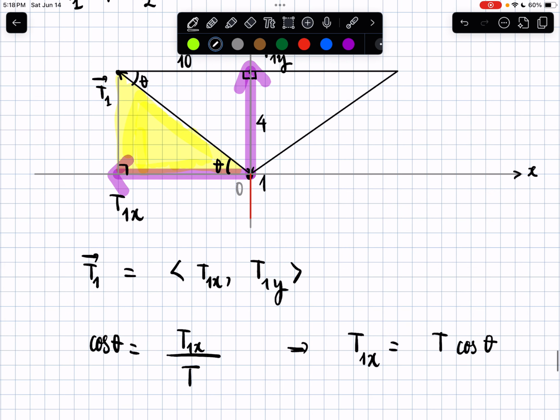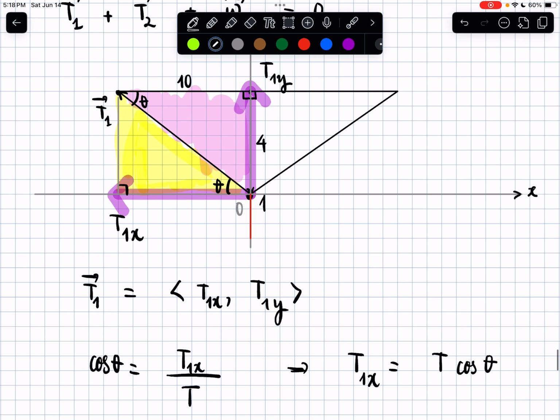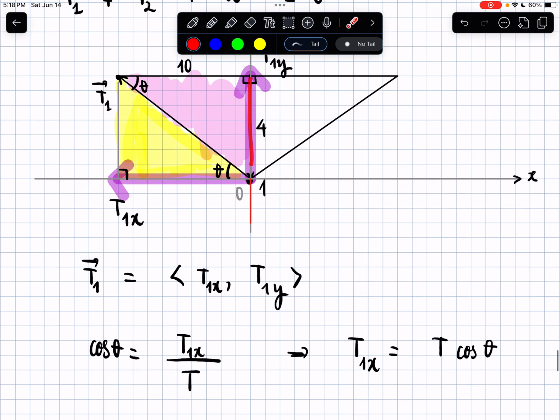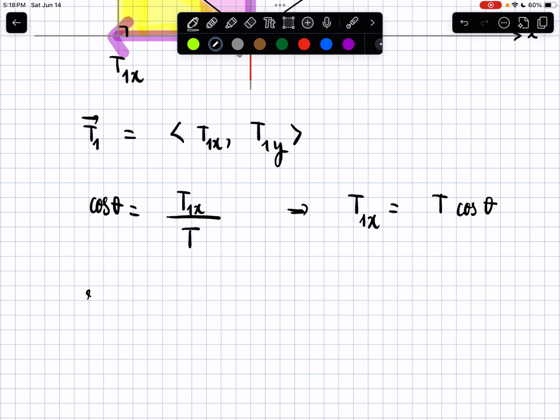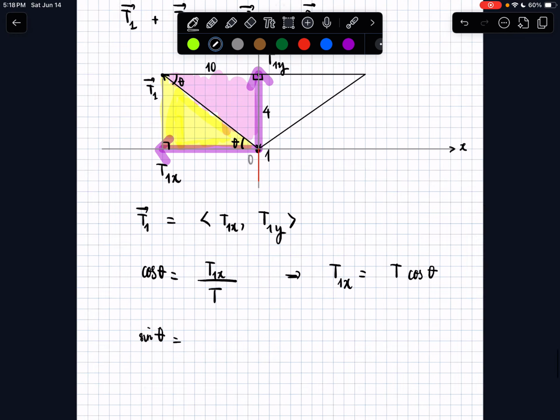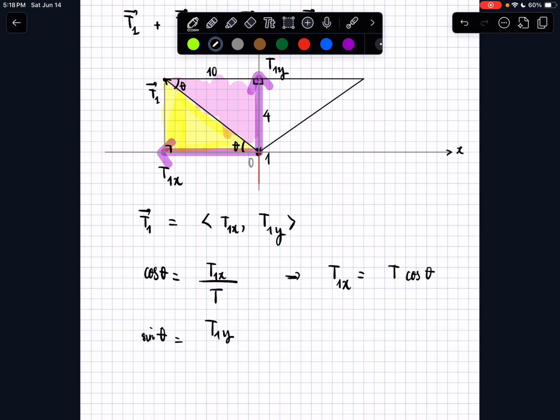In the other right triangle, sine theta is T1y divided by T, so T1y is T sine theta.